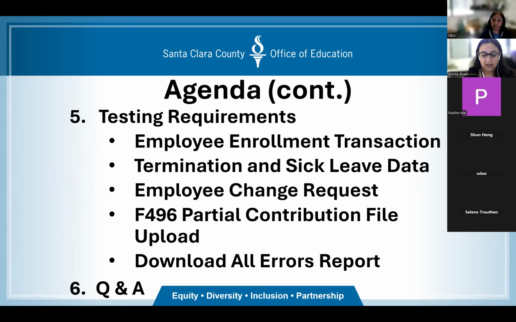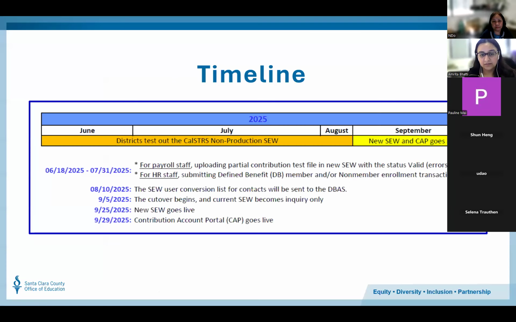Before I pass it over to Nick, I want to quickly go over the timeline for our county. Here you'll see, starting from 6/18, starting tomorrow, up until 7/31, end of July, for payroll staff, the requirement is to become familiar with uploading the partial contribution test file in the new SEW system and making sure that you're able to get a valid errors-free list.